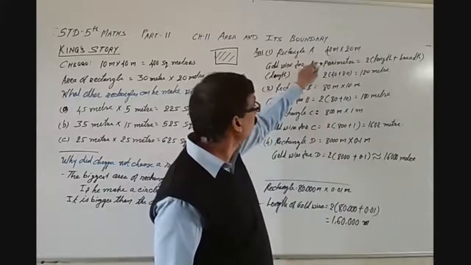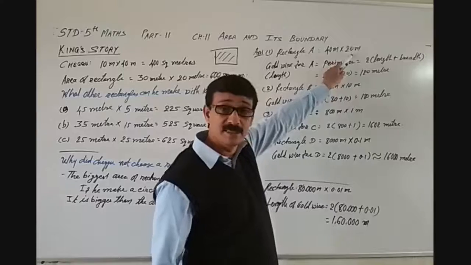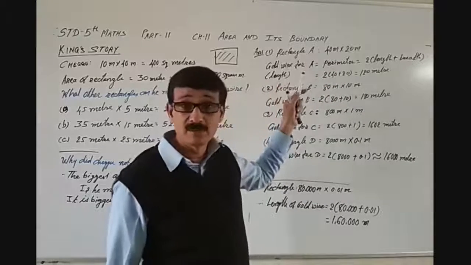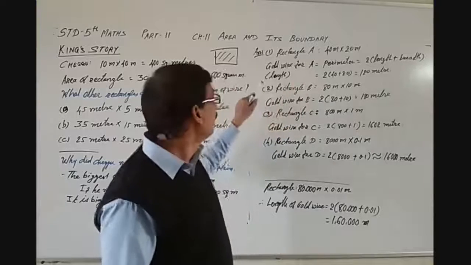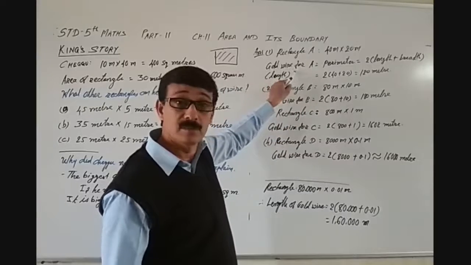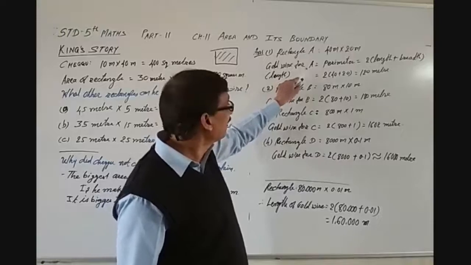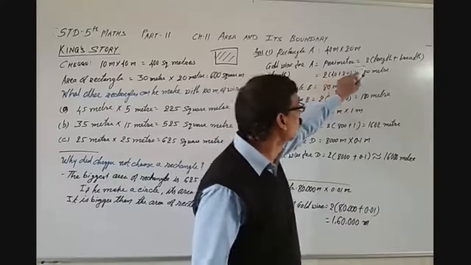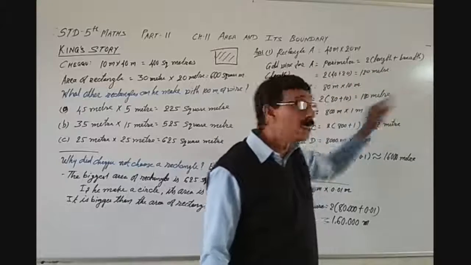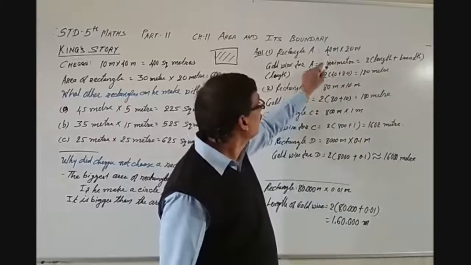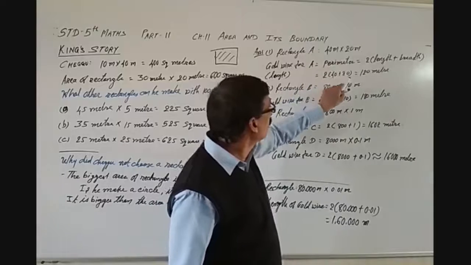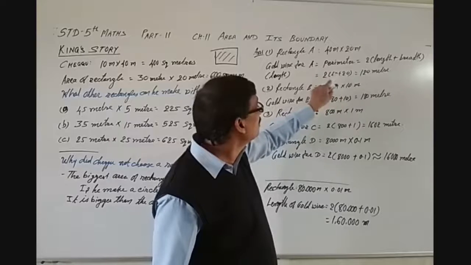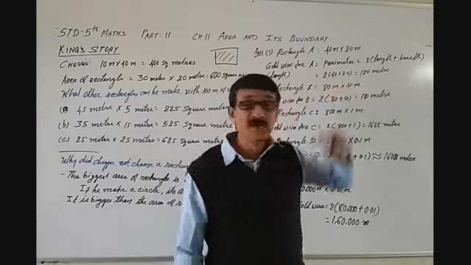So length is 40 meter, breadth is 20 meter. So the gold wire required for A, or we can say the length of the gold wire for rectangle A, is what? Boundary. Boundary is what? Perimeter. Perimeter is 2 into bracket length plus breadth. So 2 into bracket, length is 40, breadth is 20. So 40 plus 20, 60. 60 twos are 120 meter.